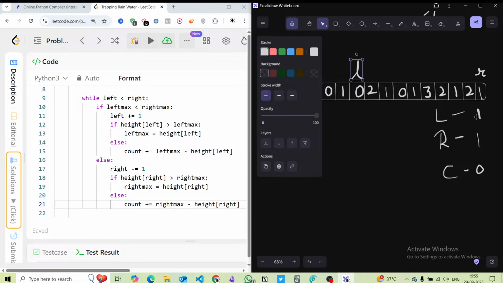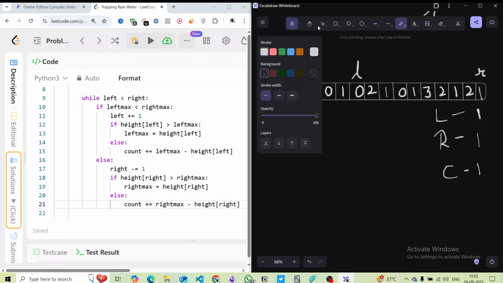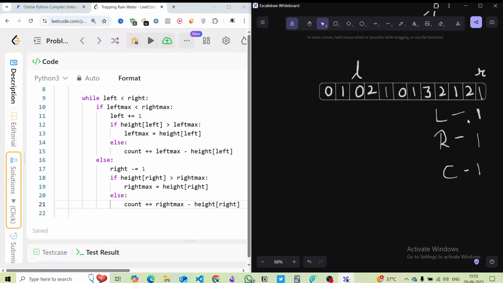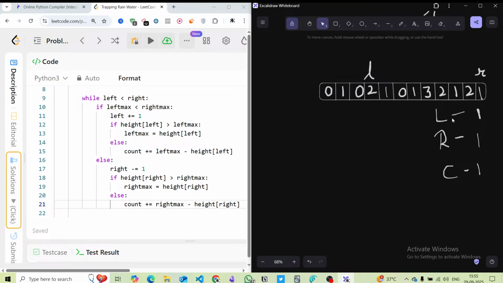No. So what we need to do is count 1 minus 0 is 1. So we just update count. So the count will be 1. So next thing, left max is 1, right max is 1. Left max is less than right max? No. So we just move here.